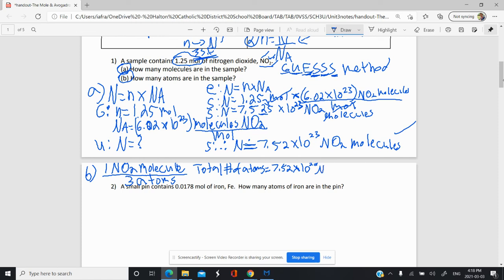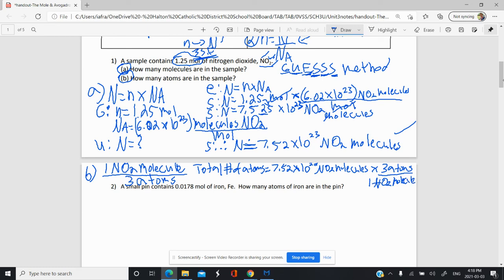So NO2 molecules multiplied by the conversion factor, but make sure you write it the right way. I want to cross out molecules. So I'm going to do times 3 atoms for every 1 NO2 molecule.